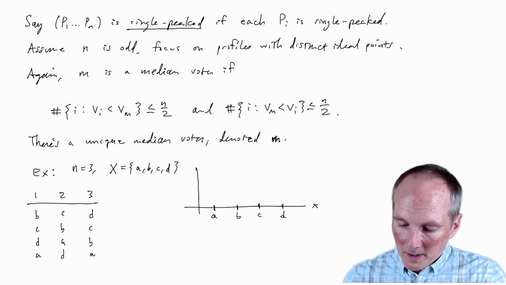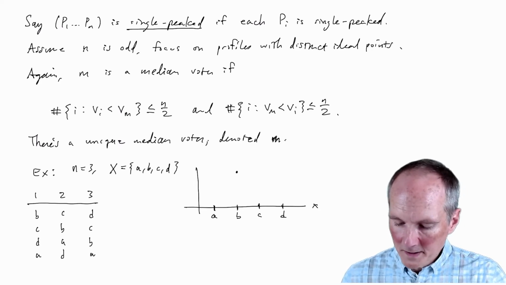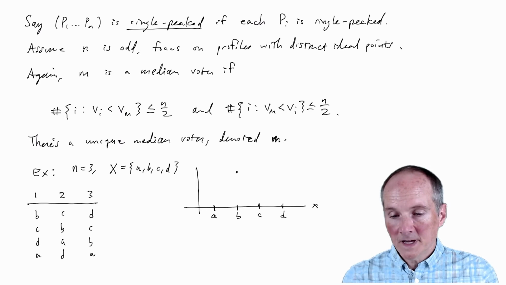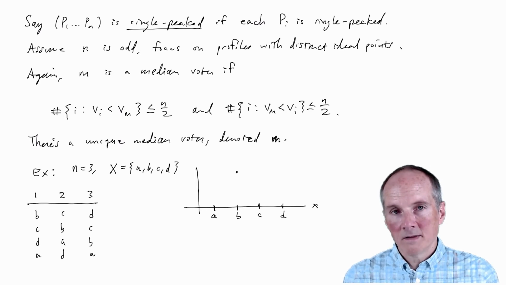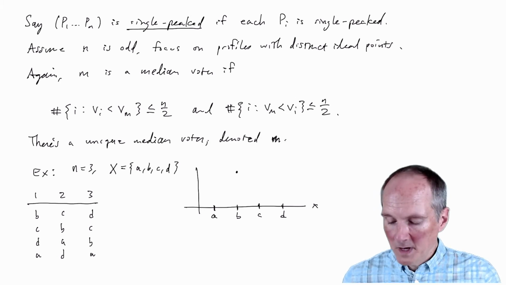So, in fact, I want to graph utility here for person 1, and I'm going to just plot a point above B. Condition 2 says if you take 2 alternatives to the left of the ideal point, then the one further from the ideal point has to be worse.